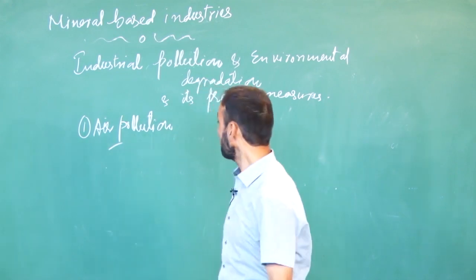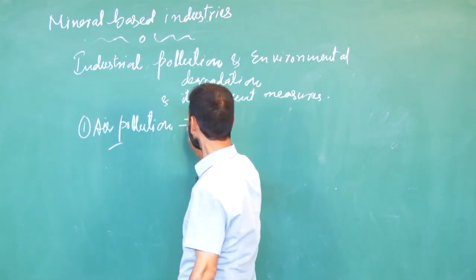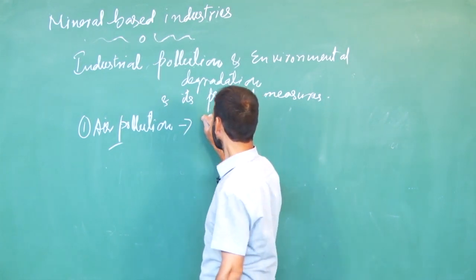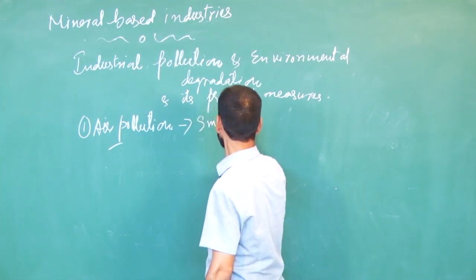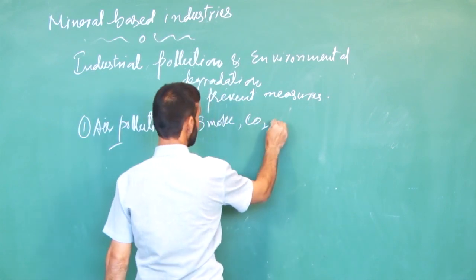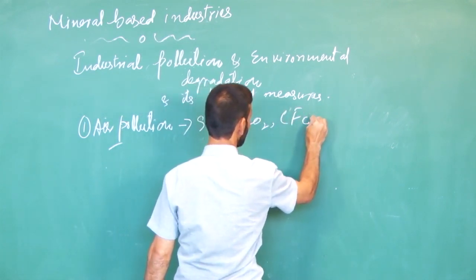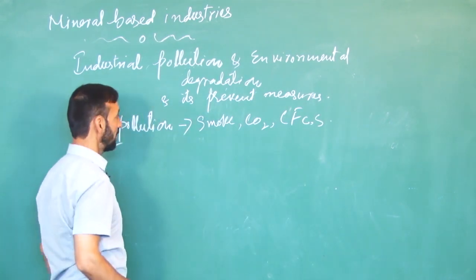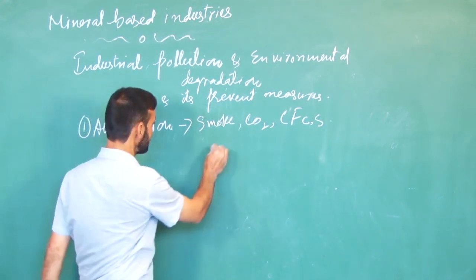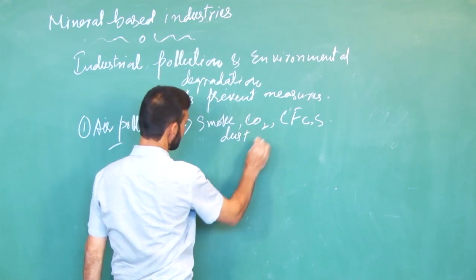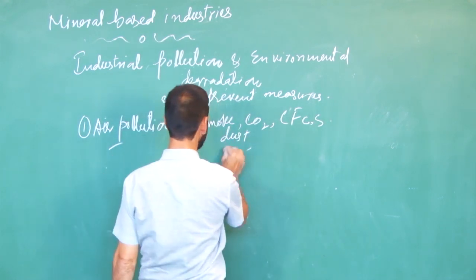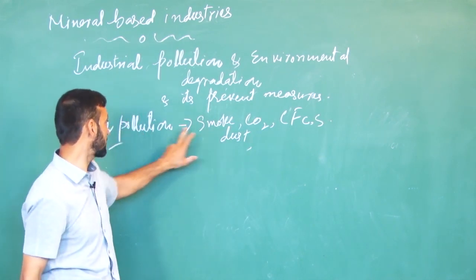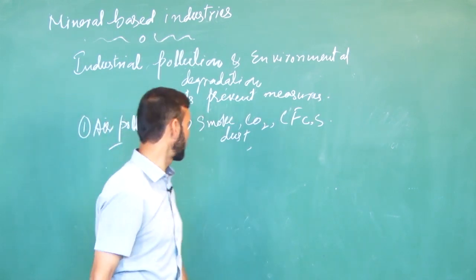The air is degraded by the industries because there is smoke, carbon dioxide, CFCs, chlorofluorocarbons, sulfur dioxide, other gases, and dust which comes from the cement industry, also which is suspended in the atmosphere and creating the pollution in the atmosphere.